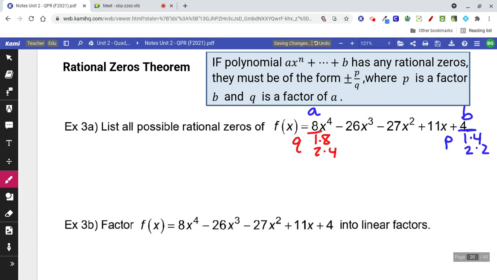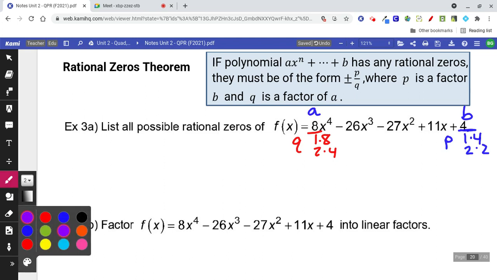My possible rational zeros is going to be a fraction that I form, plus or minus p over q. And so what that means is I have to take all of the blue numbers divided by all the red numbers.